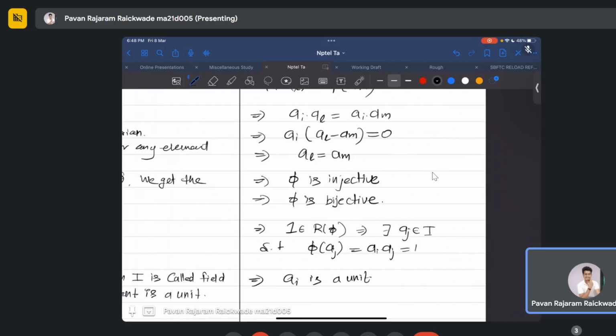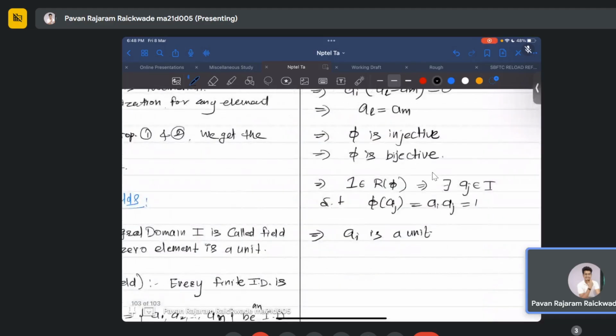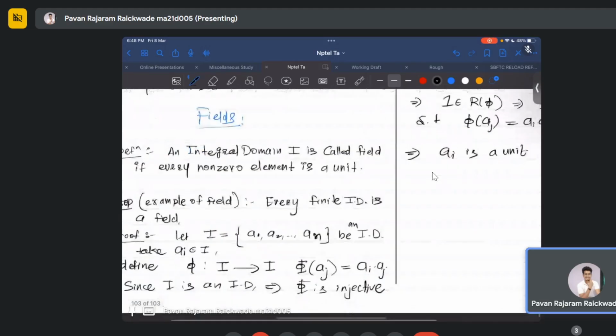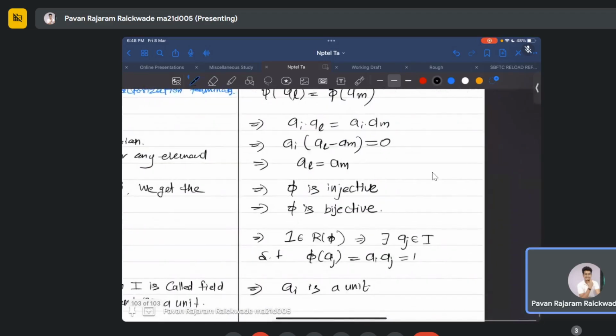Of course, you started with a non-zero element, otherwise you don't have an injective map, right? So what I have shown is that in a finite integral domain, any non-zero element has an inverse, right? So every finite integral domain is a field.